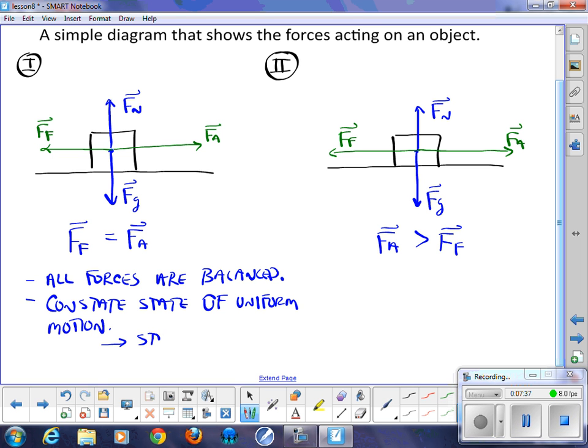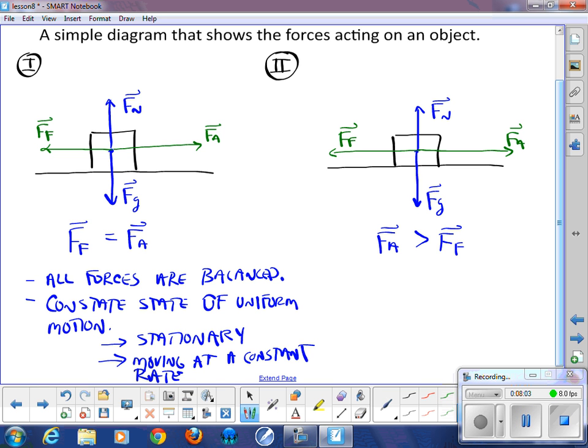It could be stationary, or if it's not stationary, it's moving at a constant velocity, a constant rate. And you can't tell which from the diagram. It's one of those two particular scenarios. You have to know more information to differentiate between the two.